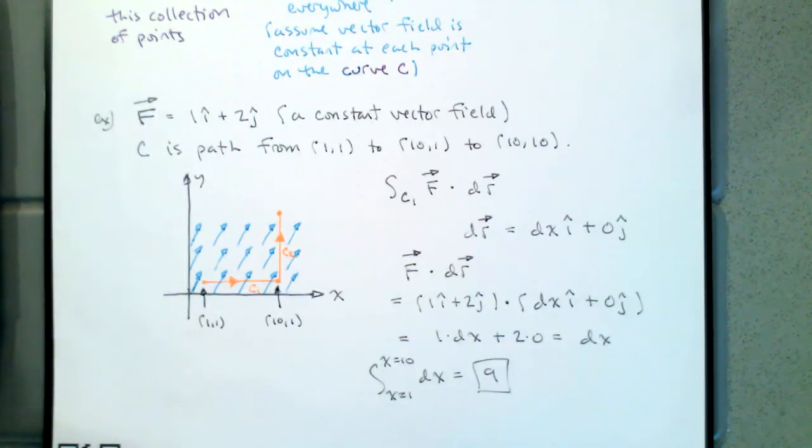Area is equal to length times width. Distance is equal to rate times time. Volume is area times height. Work is force times distance. Those are all things that we use multiplication for. The calculus comes in when one of those factors is continuously variable.